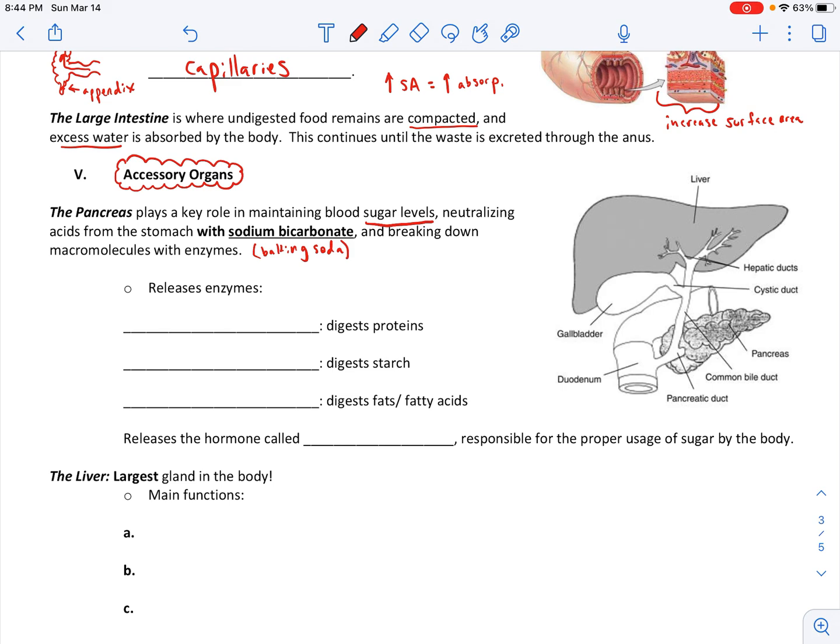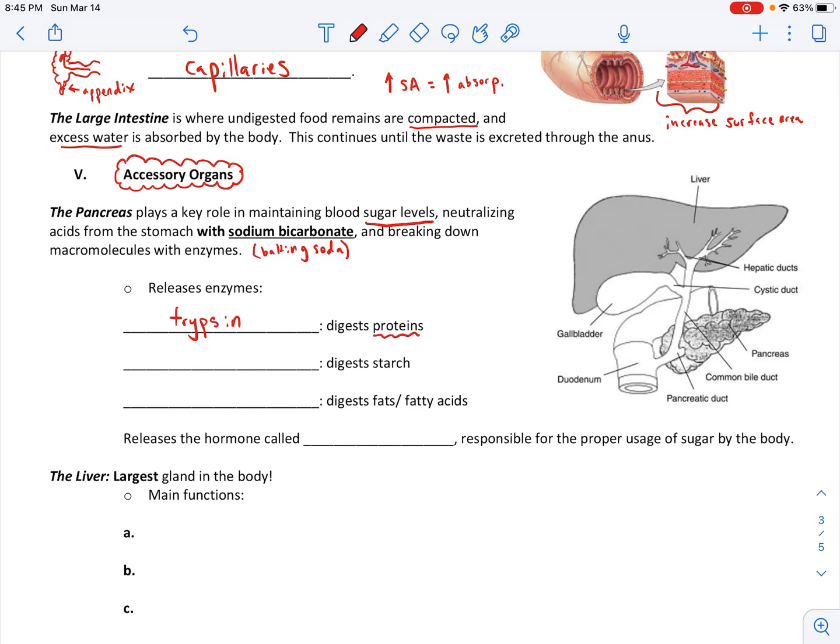Examples of the enzymes that the pancreas produces are trypsin, which continues to digest the proteins that had begun to be digested by pepsin in the stomach.